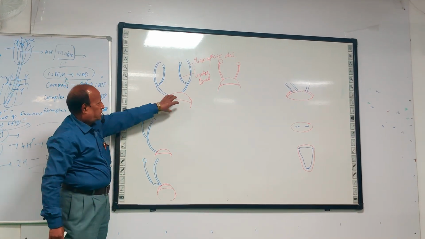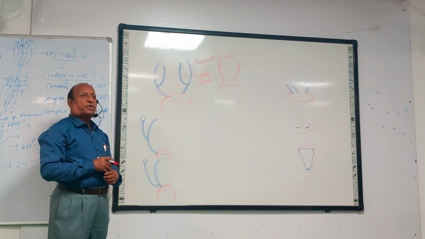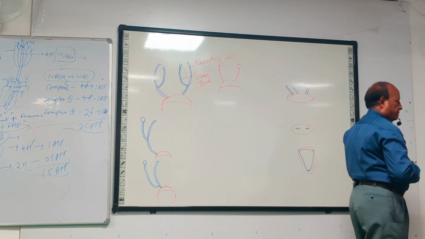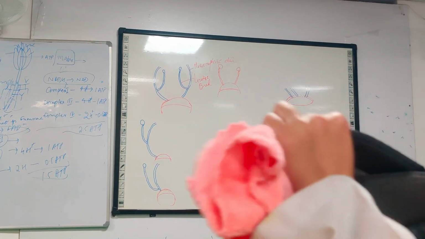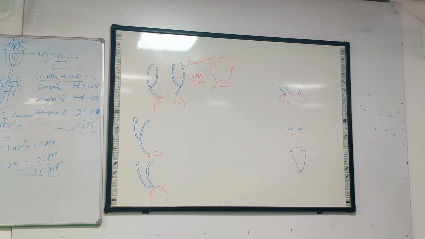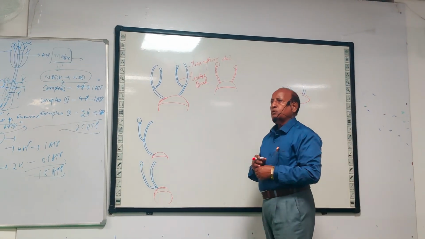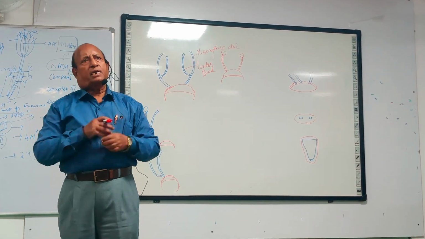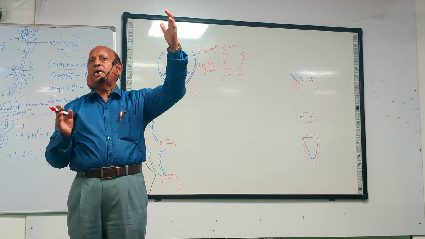Now here, this structure is part of the cloaca, as we will see in the development of the GIT. The last part of the gut is the cloaca. There are three parts in the beginning: the foregut, midgut and the hindgut.